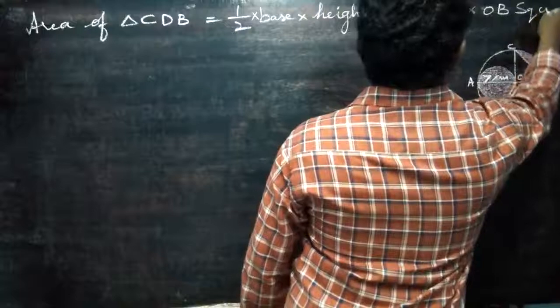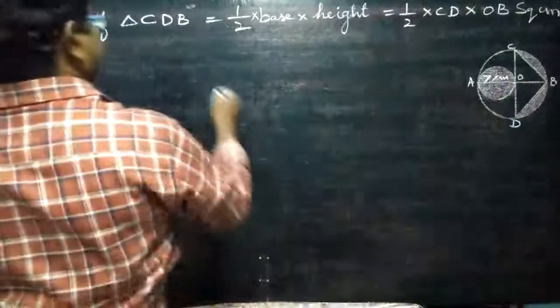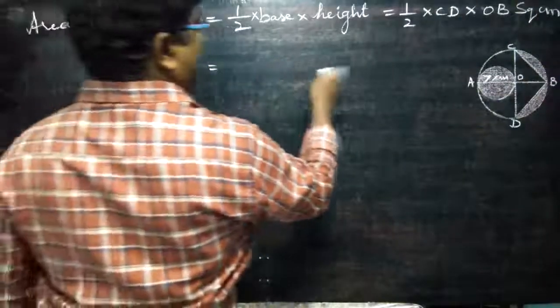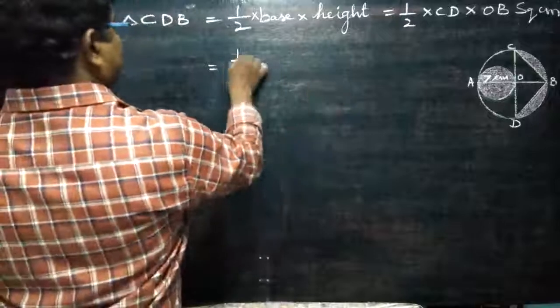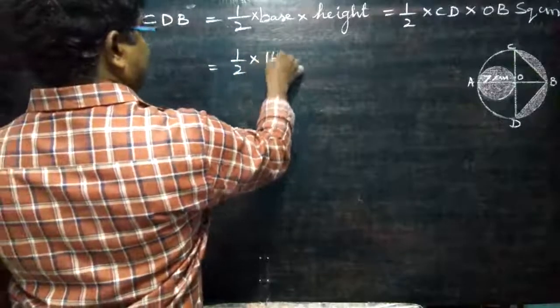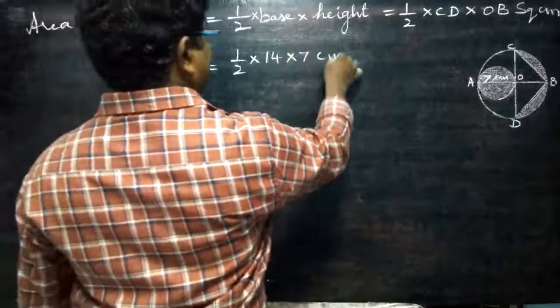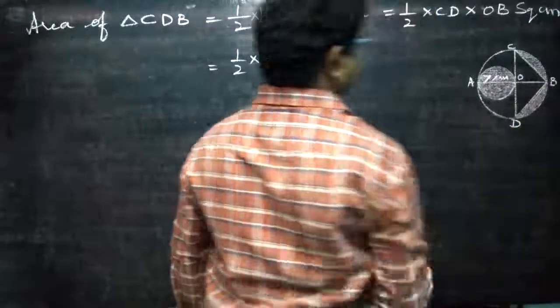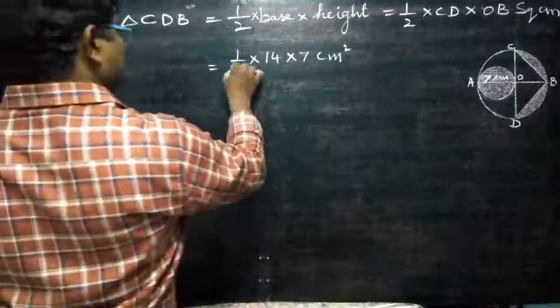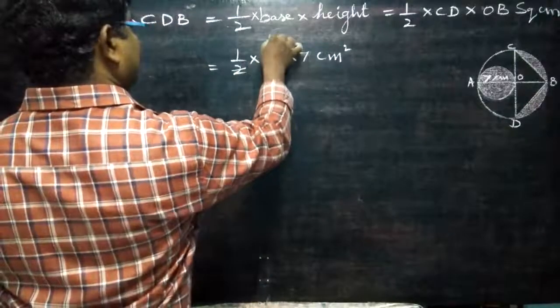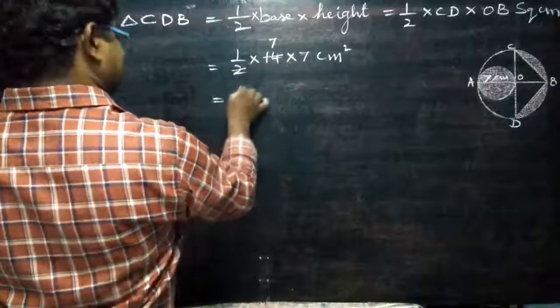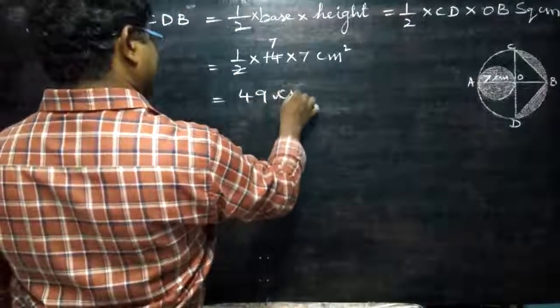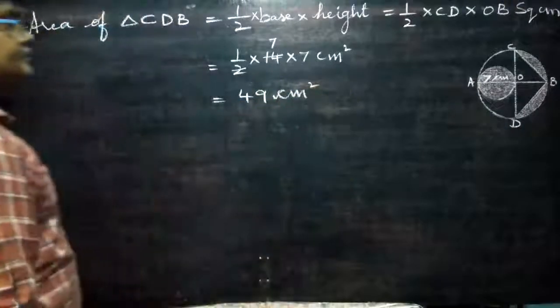That is equal to half into 7 plus 7, base 14, into 7 centimeters, this is 7 height. Now 2 goes in 14, 7 times. 7 sevens are 49 centimeters square.